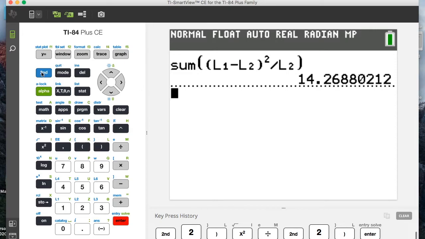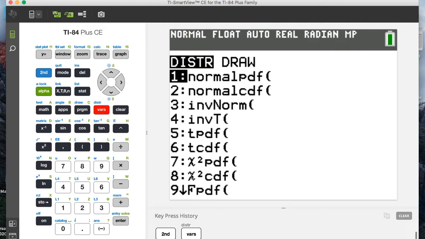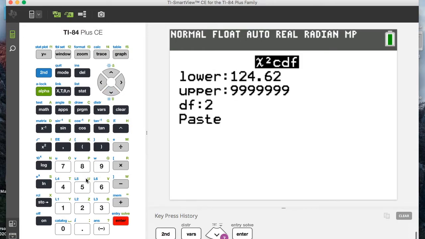For the p-value now, second distribution, and I'm going down to number 8, the chi-square CDF. I'm going to plug in my test statistic of 14.269. We have our obnoxiously big number.